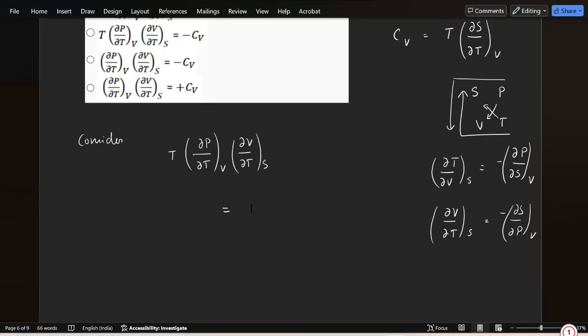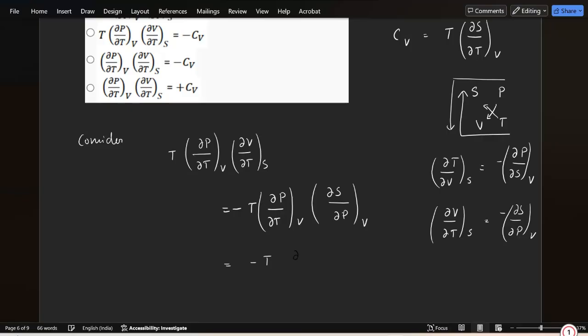So T into, this will remain the same, del P by del T at constant V, and minus del S by del P at constant V. So both are constant volume, so we can do this.